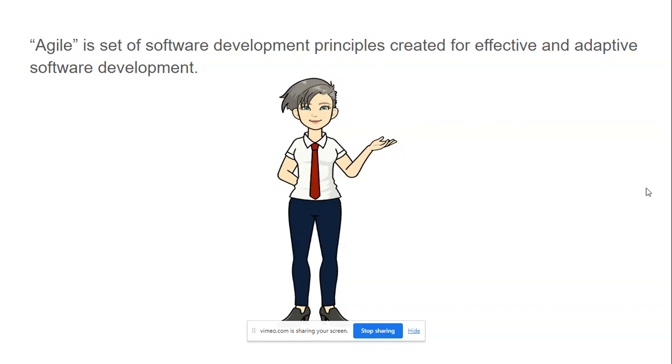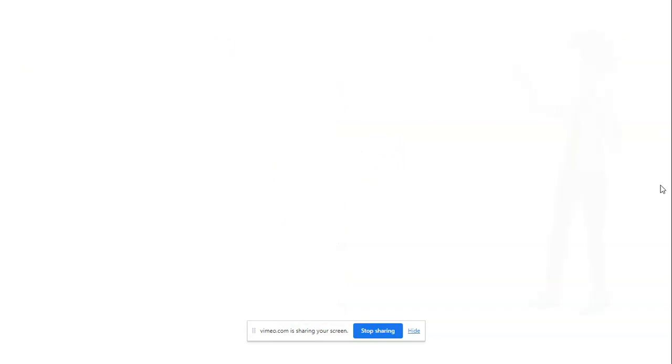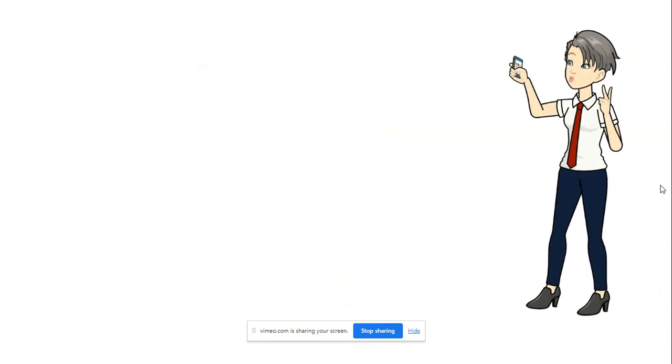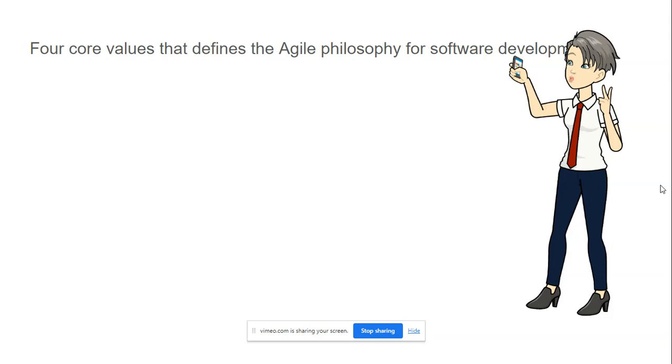And you must also have continuous improvement when you are doing the software development. It involves breaking big tasks into smaller tasks so that you can effectively produce results within the time frame in which you're producing a software product. So Betty went ahead to give him four core values that define the agile philosophy for software development.